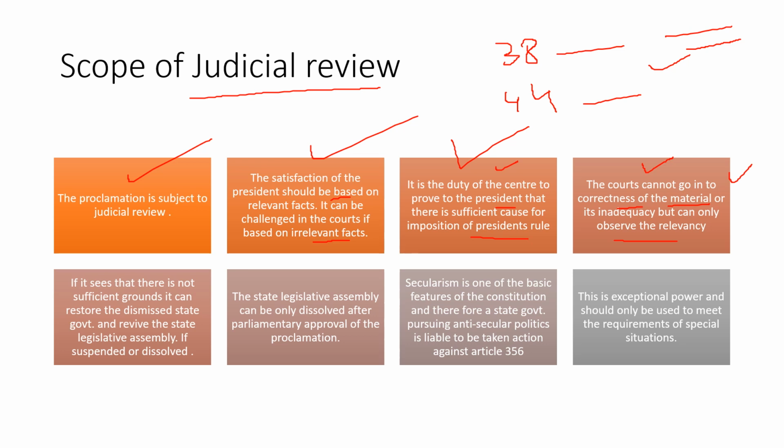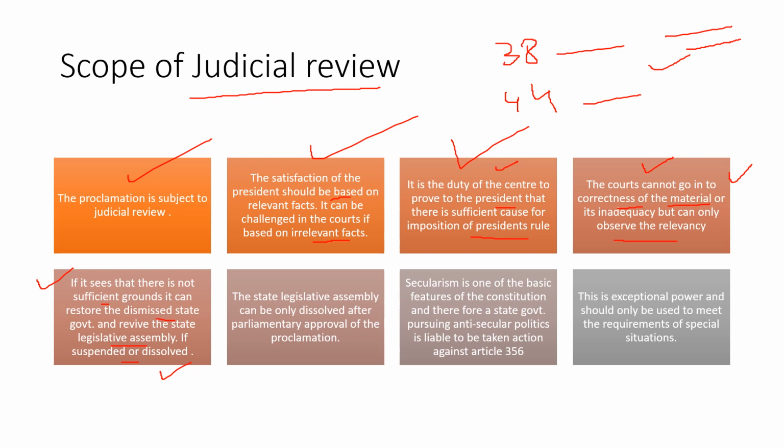Number five was that the courts of law, if they saw that there were insufficient grounds for imposing president's rule, could restore the dismissed state government and revive the state legislative assemblies, whether suspended or dissolved.